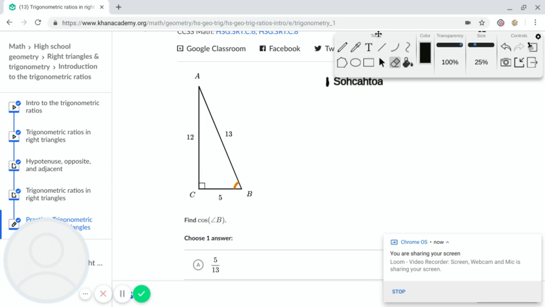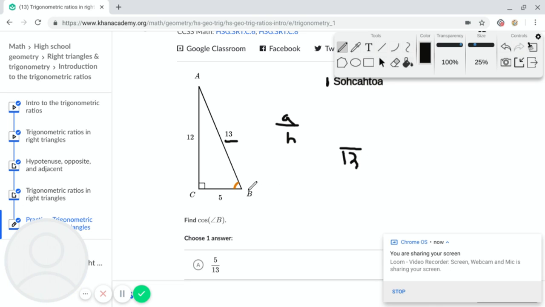So now we need to find the cosine of B, but this is a different B, not the same one that we were dealing with earlier. So the cosine, or the CAH part of the word, would be adjacent over the hypotenuse. So once again, let's look at everything. So our hypotenuse is over here, so we already know 13 is a part of the answer.